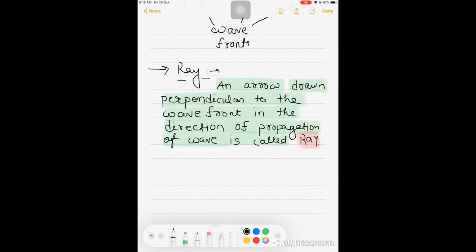Some more points that we can add. A ray of light represents the path along which light travels. So it is very clear.